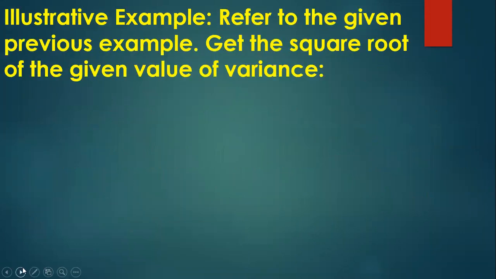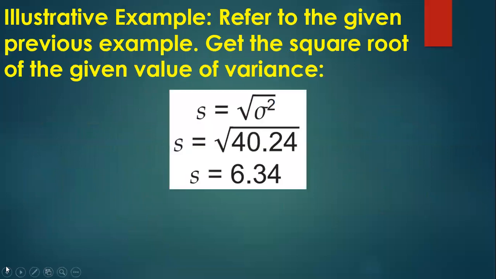For example, our answer for that question, the variance, is 40.24. If you use a calculator, insert the square root, then the number 40.24, then you will get 6.34. That is your standard deviation.